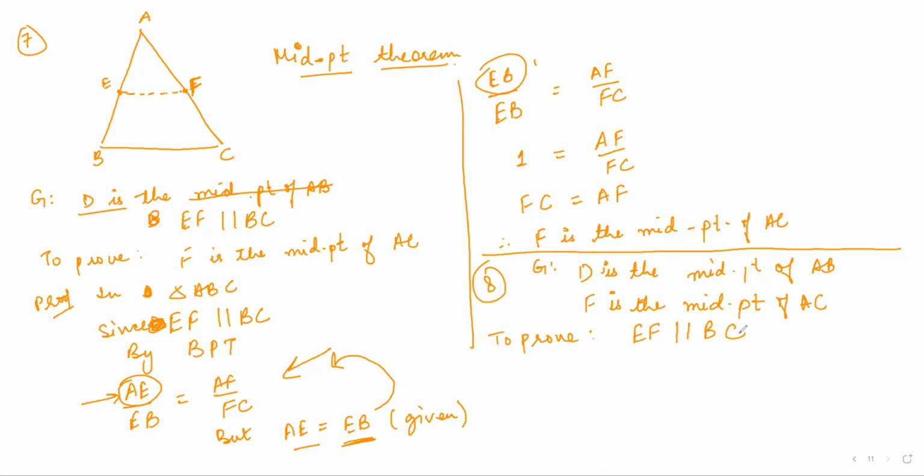Understood? So just the opposite of it. This is again simple. This time you will use the converse of BPT. We are using the same triangle, same figure, same diagram.